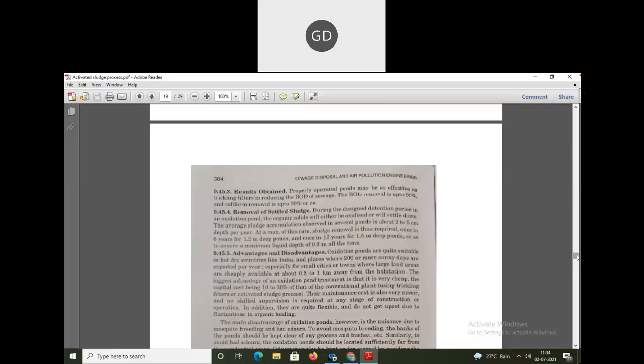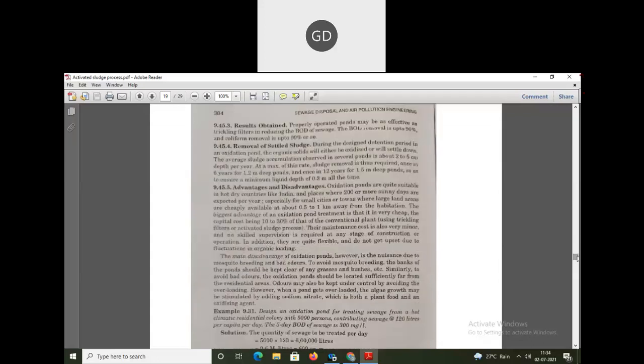There are advantages as well as some disadvantages of using oxidation ponds. They are suitable only for very dry or very hot countries like India, and places where 200 or more sunny days are expected per year.